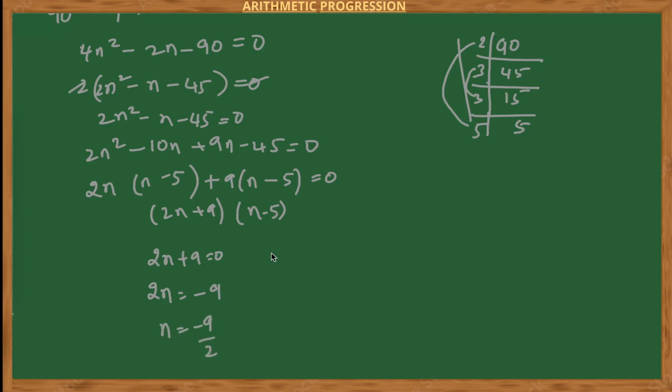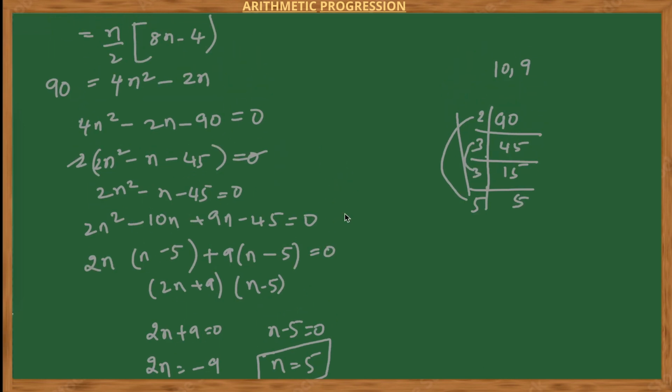Okay, so n minus 5 is equal to 0, n is equal to 5. So n cannot be a negative fraction, since it should be the number of terms. So the number of terms is 5. So n is equal to 5 here.